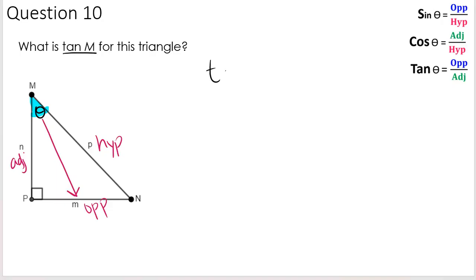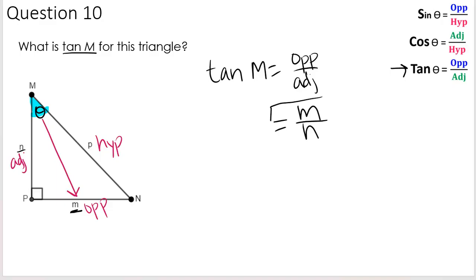Tan of M. So tangent of M. Now remember, tan is opposite over adjacent. Okay. So how much is my opposite side? Hey, it's not a number, but that's okay. It's M. And how much is my adjacent side? N. So it's M over N.